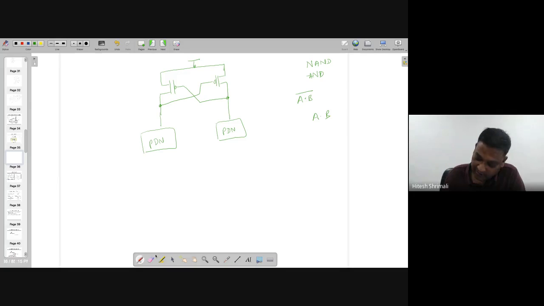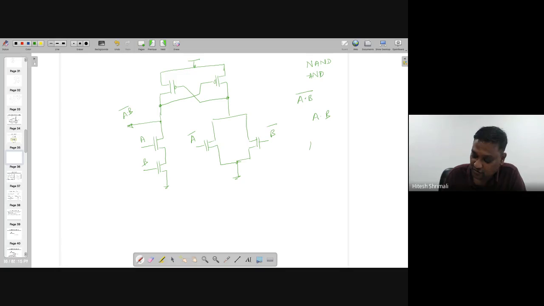If I want here A and B bar, then I need two NMOSes connected in series to the ground, and this is going to give me the NAND operation. Whereas if I want this one, I need to keep two things in shunt with each other, where one is connected to A bar and one is connected to B bar. So A bar or B bar, and when taking the complement, it's going to be equal to A and B, right?